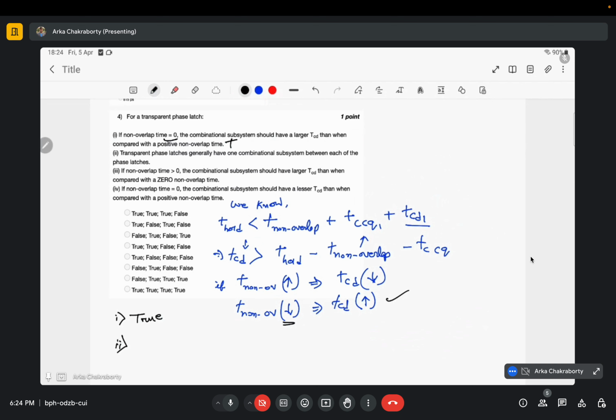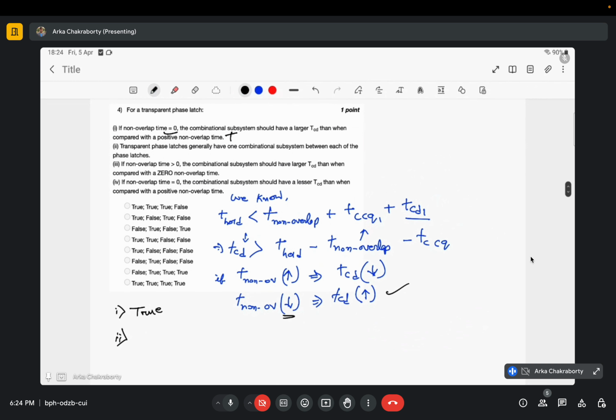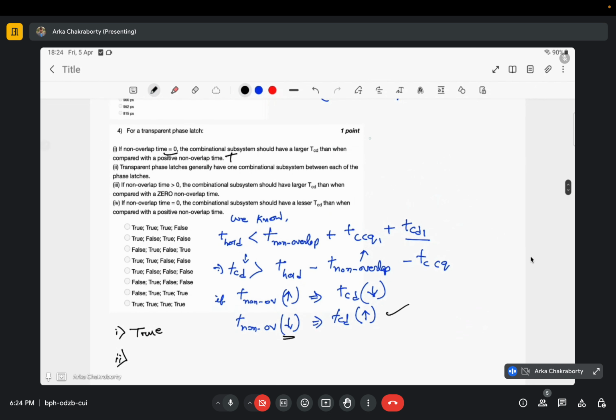Now the second one is: transparent phase latches generally have one combinational subsystem between each of the phase latches. Let us look here. Generally, they look like this. There will be a latch followed by a combinational circuit, followed by another latch, another combinational circuit, and so on, L3, C3.